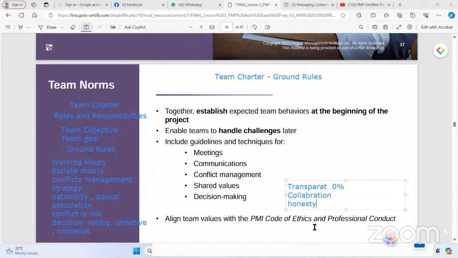We respect. So respect is one of the values. Honesty is one of the values. Transparency is one of the values. Collaboration is one of the values. These are the things we value in the team. People giving respect to each other and to themselves, people being honest, people being collaborative, and people being transparent. So these are our shared values, and we may decide any value for our team, which we will promote.